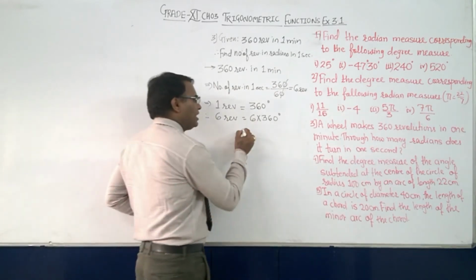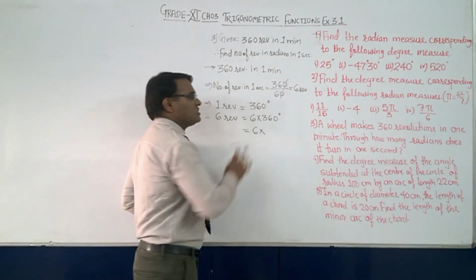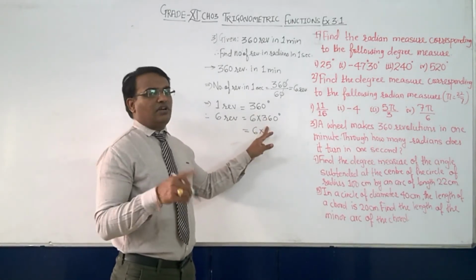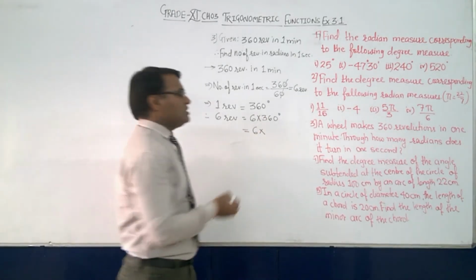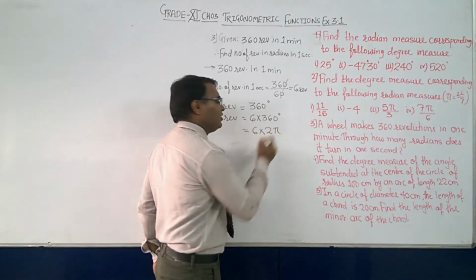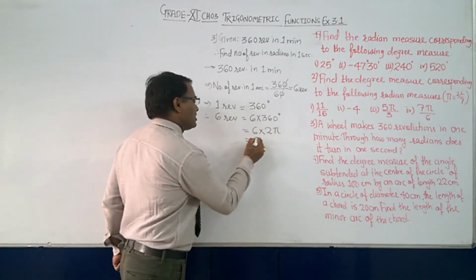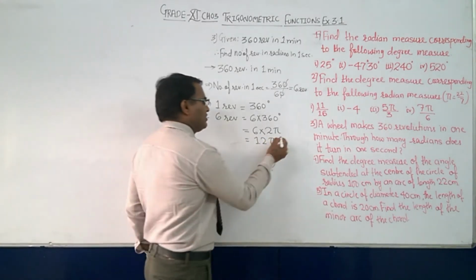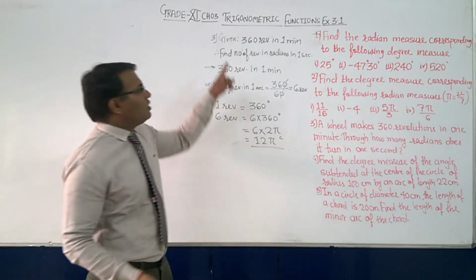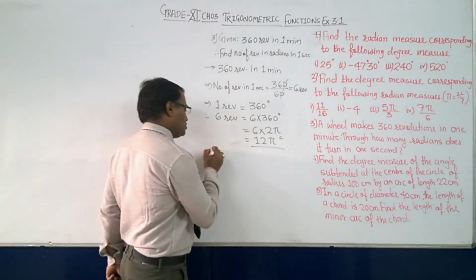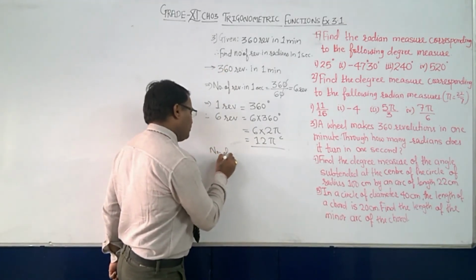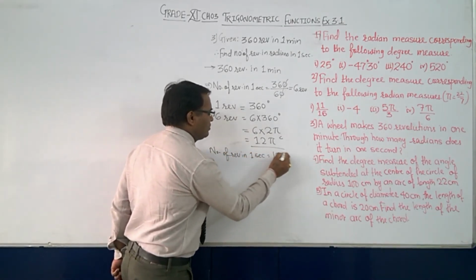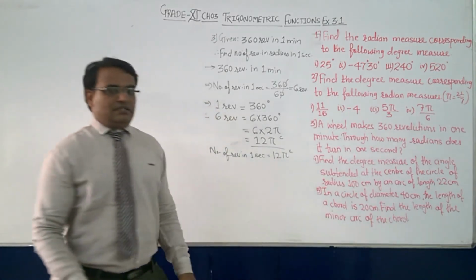But we know that 180 degrees is equal to 1 pi. So 360 degrees means 2 pi radians. Therefore this is nothing but 6 2s are 12, and 12 pi radians it will be. So the number of revolutions in 1 second is equal to 12 pi radians.